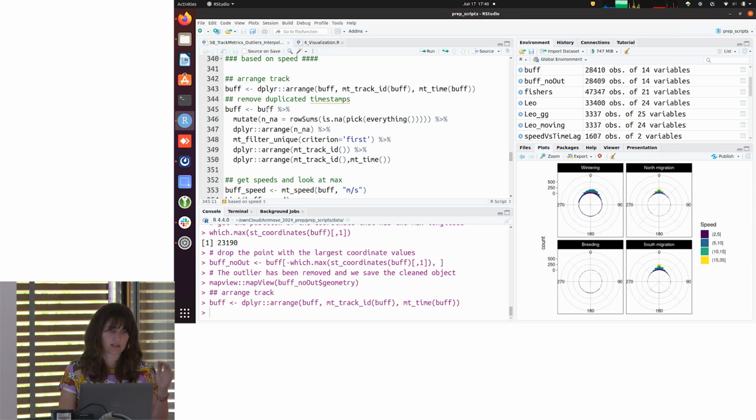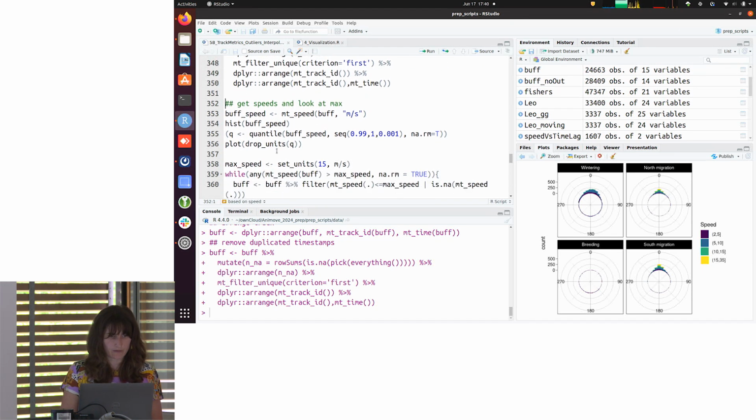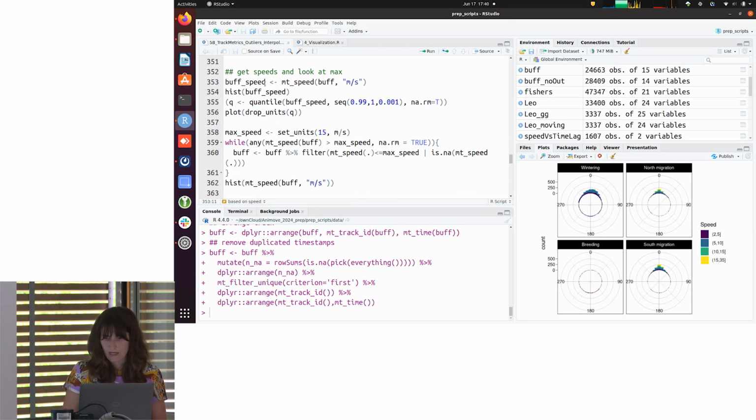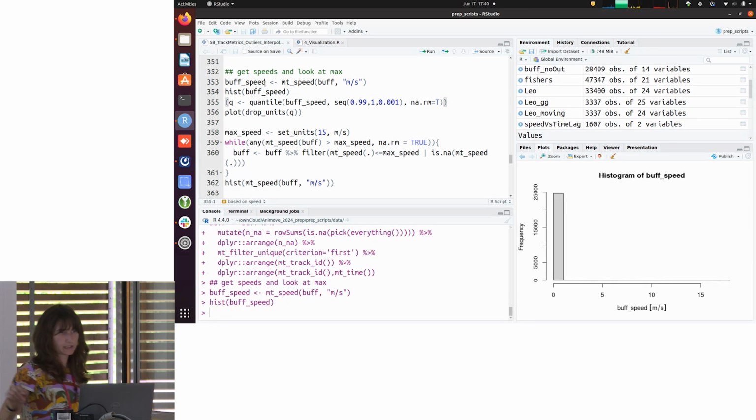Here we are ordering them by time, and then removing the duplicates that have the least amount of empty values. And then the actual outlier removal is here. We look at the speed of the buffaloes, and we see that there is a long tail because there are some very high speeds.